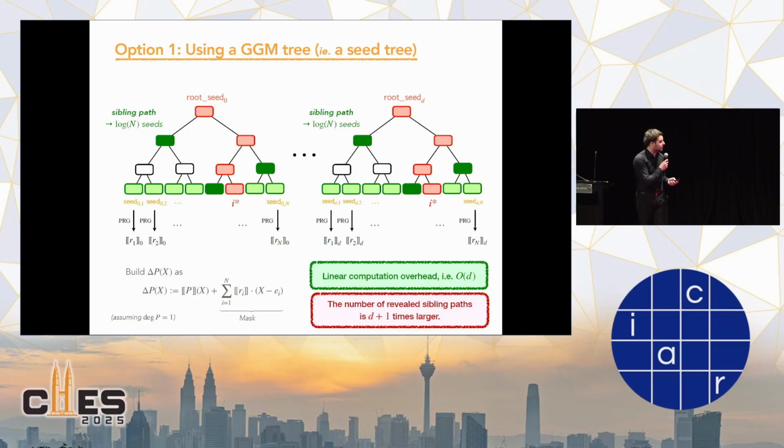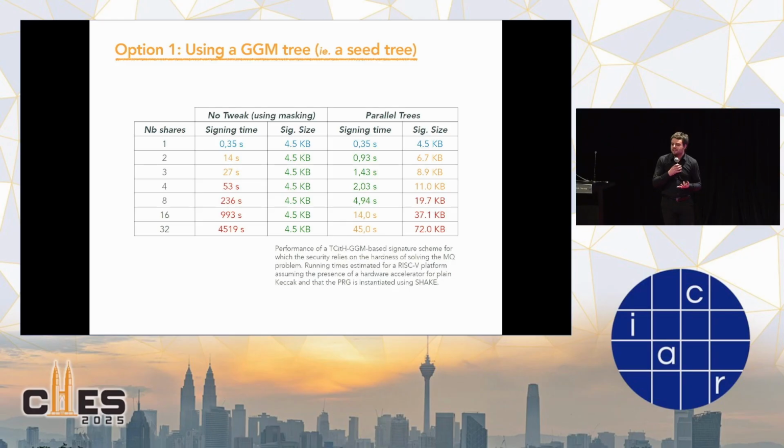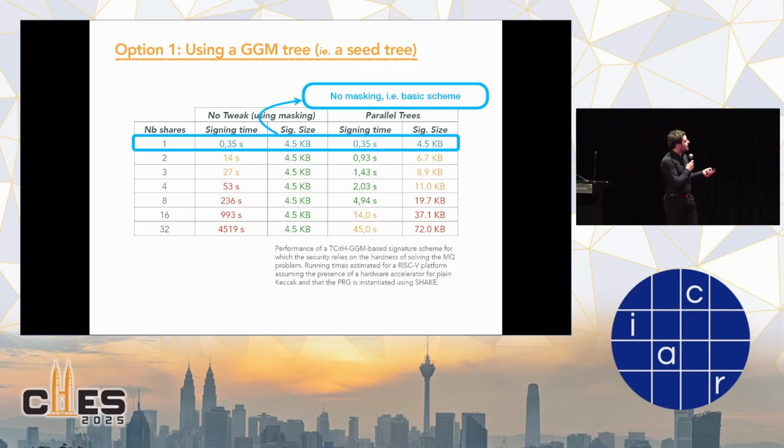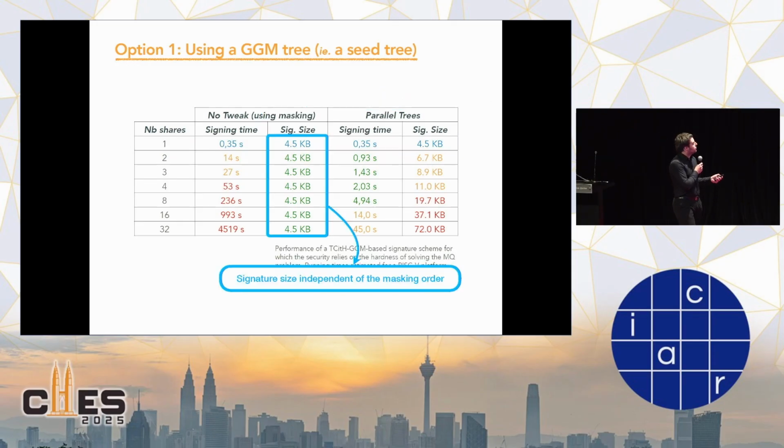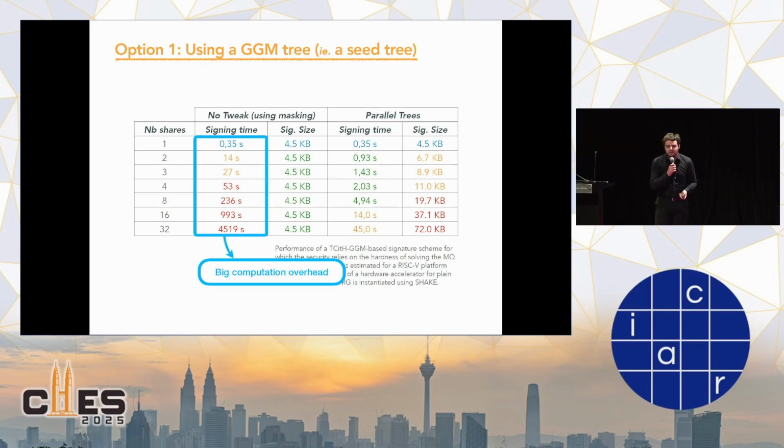So it's not nice. To be more concrete, here are some numbers on a toy example. The first line is a non-masked variant, where we have a signature size around 4 or 5 kilobytes, and the running time is below 1 second on the Rescue 5 platform. If we don't rely on the tweak, when we mask the scheme, the signature size will always be the same, it's often like this, but we have the quadratic cost, so the signing time will explode.